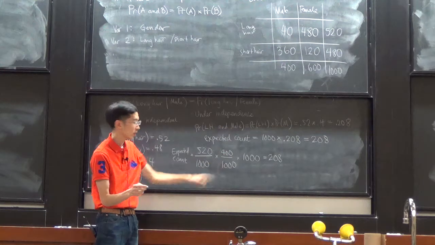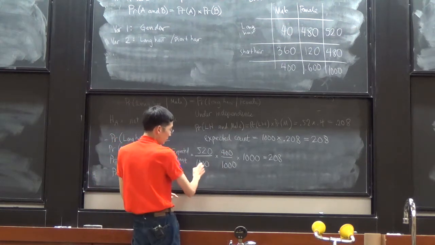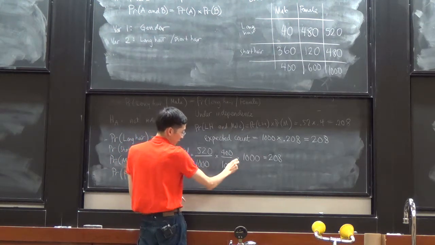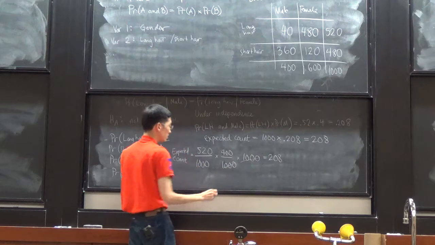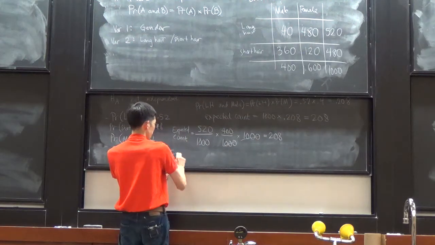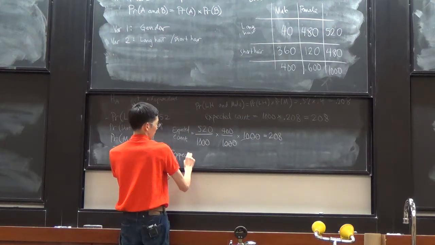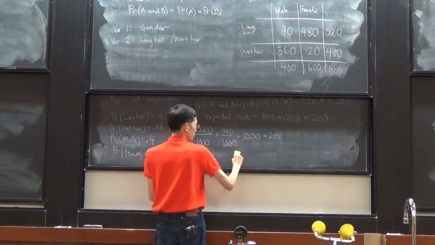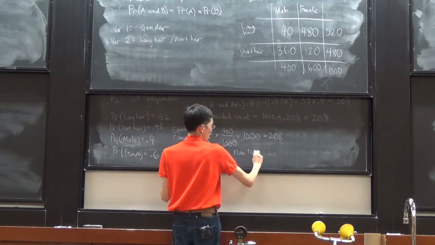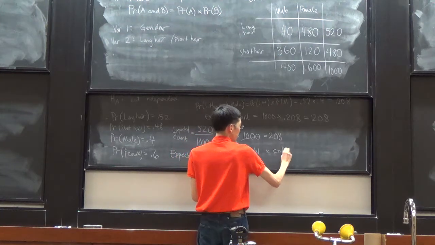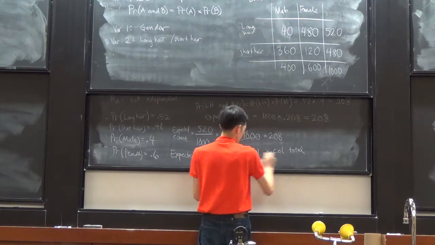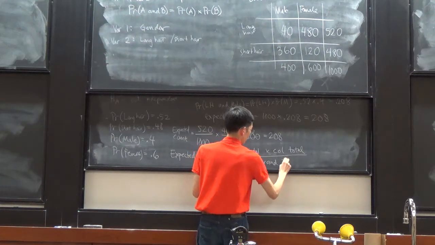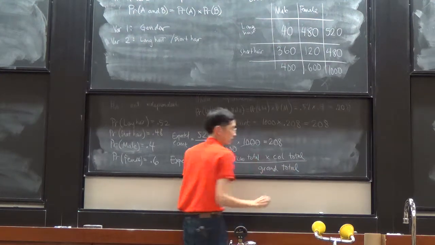And if we see that we're dividing by the grand total and multiplying by the grand total, we can see that this count cancels, and so the expected count will always be the row total times the column total divided by the grand total.